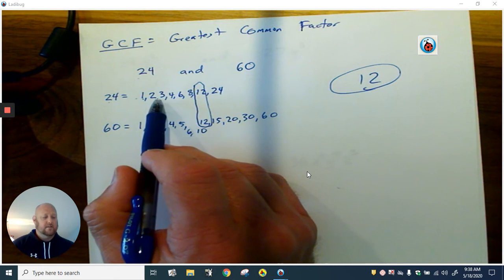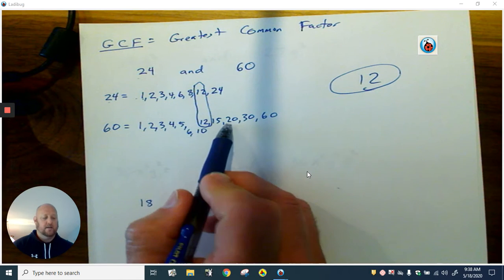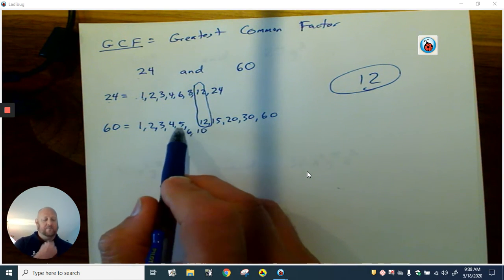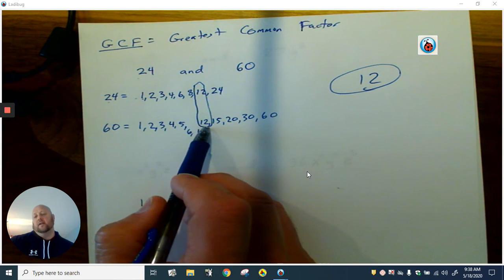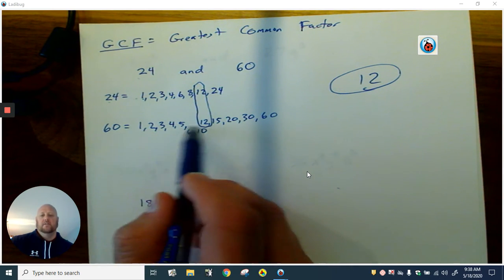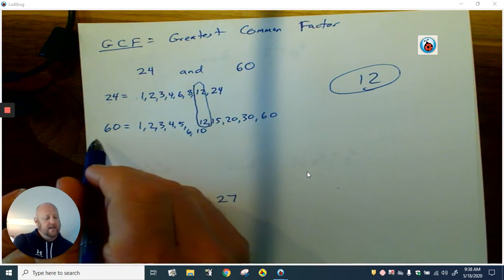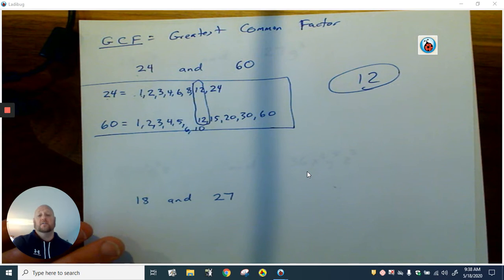If I missed the 3 times 12 here, or I missed the 3 times 20, something like that, or I missed the 5 and the 12, I may have not gotten to the greatest common factor. So it's really easy with this method of just listing them all out to make mistakes. So there's, I think, a little bit better method of doing this, and that is to use prime factorization.